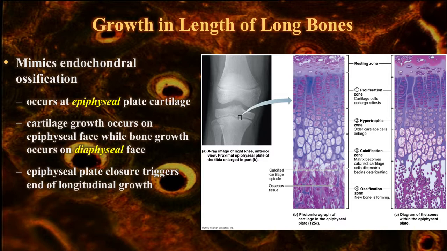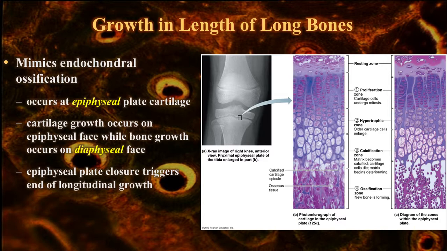Okay, so if this is our bone, and we're only going to look at one end, and here's our epiphyseal line. Inside of here is cartilage, but then there's bone over here and bone over here.